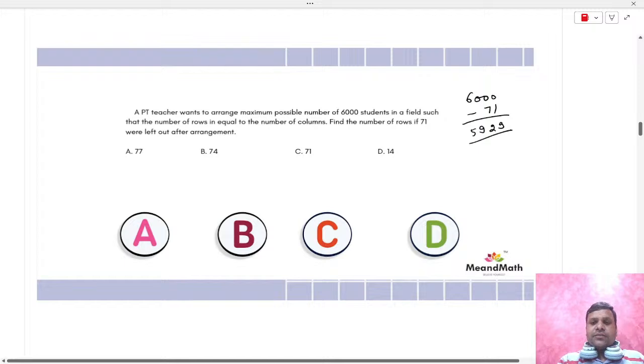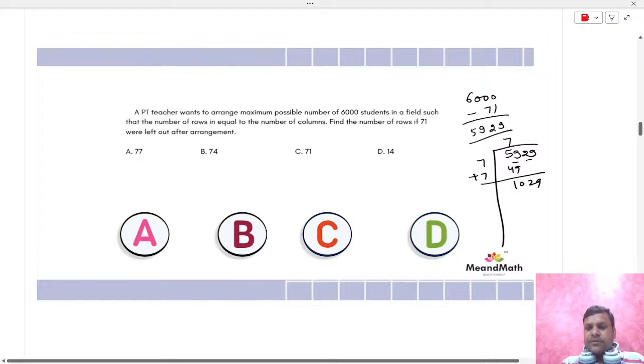So 5929. You can use the long division method. 7 7 are 49. 1029 plus 7, 14. So 7 7 1029. The answer is 77.